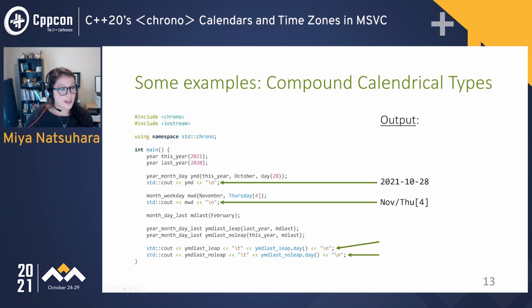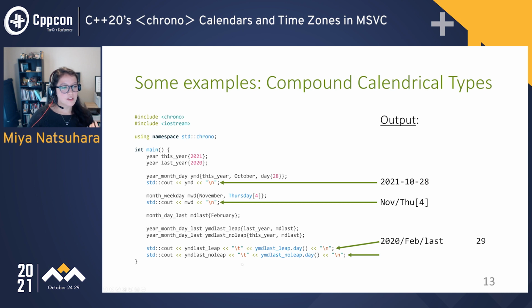So down here, if I do add a year in, I'm creating a year_month_day_last. The names of these just show what additional type information or date information it's storing. I can create that using one of the years that I created up at the top, and then that month_day_last. If I print these out, in year_month_day_last_leap, which uses 2020 as the year, the last day of February was the 29th because we had that additional day in February for that leap year.